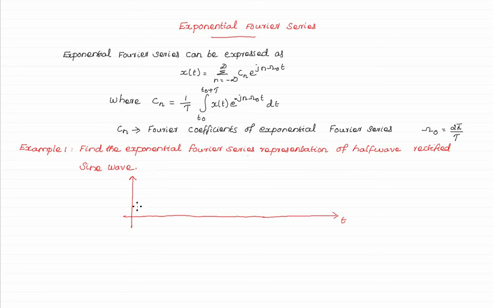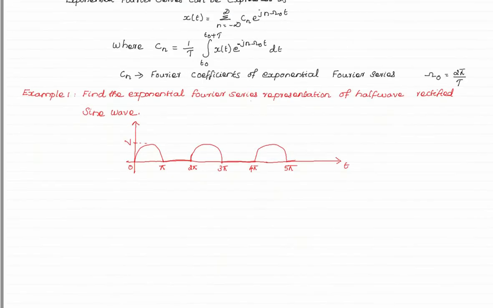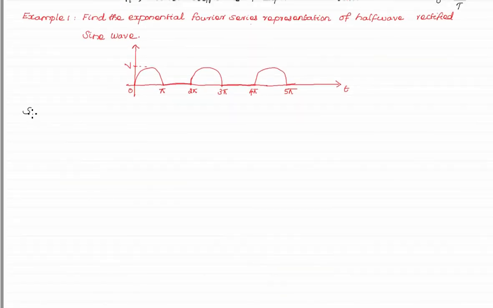The maximum amplitude is V and it will pass the signal from 0 to pi and attenuate from pi to 2 pi. Then again pass the signal from 2 pi to 3 pi and remove the signal from 3 pi to 4 pi, likewise. Now we can find the solution for this.